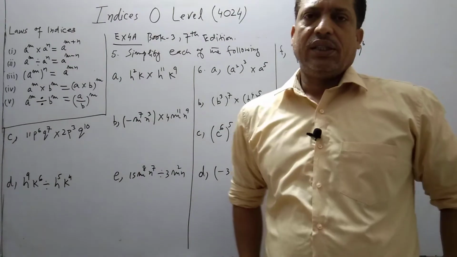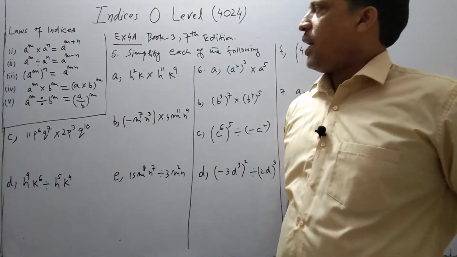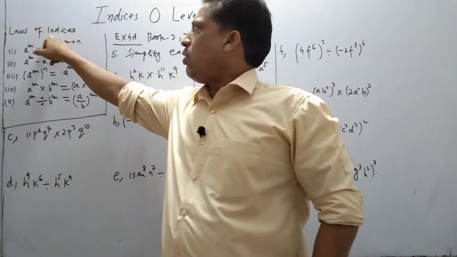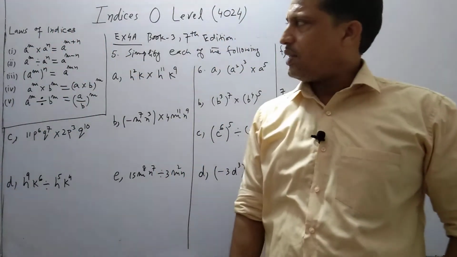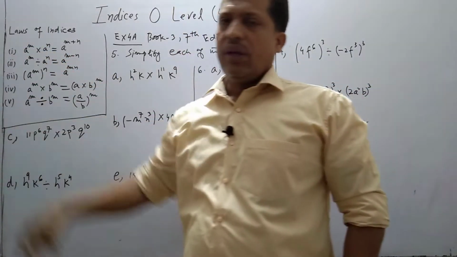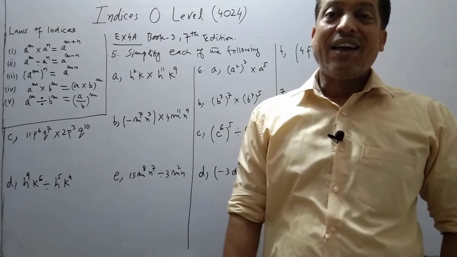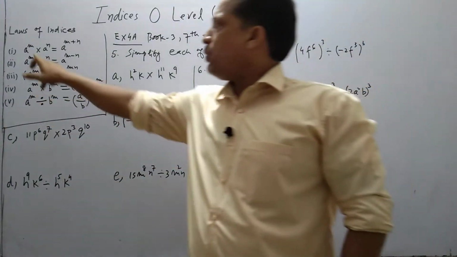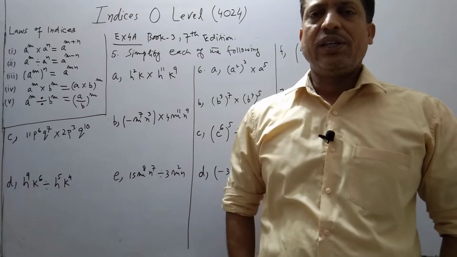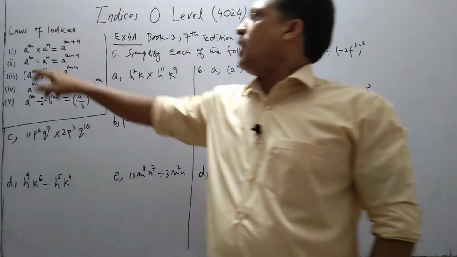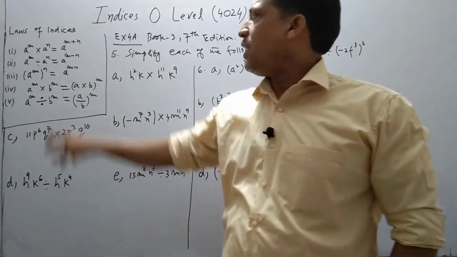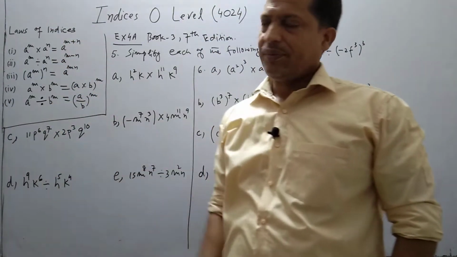Before I start question number 5, I want to repeat all laws of indices. The first law is, if two bases are multiplied and both bases are same, the power or exponent should be added. a power m multiplied by a power n results in a power m plus n.